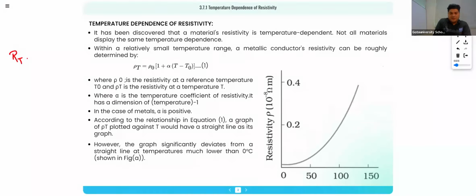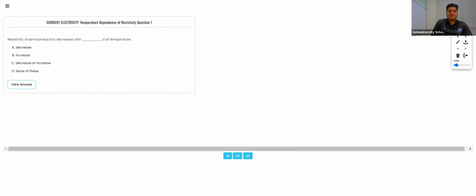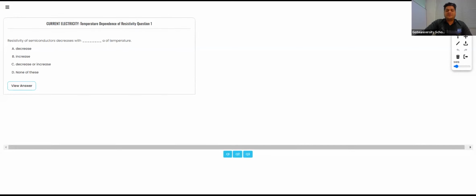Options are A, decrease, B, increase, C, decrease or increase, or D, none of these. Let me check the comment section. Anyone?